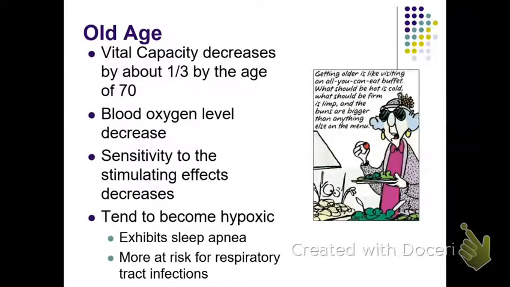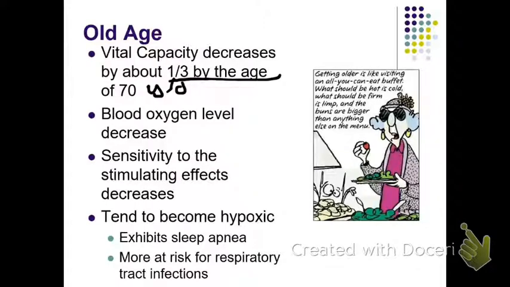When we enter old age, everything is going to decrease significantly, almost by 1/3 by the time you reach 70 years old. Your blood oxygen level will decrease, and you start having sensitivities to things that you typically wouldn't have when you were younger.